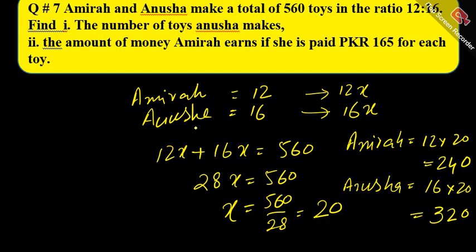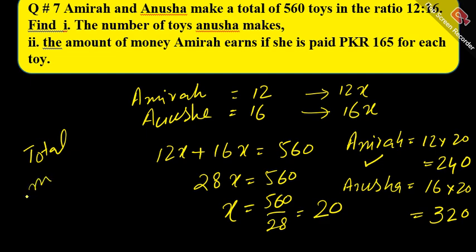Now there is a second part of the question. Find the amount of money Amira earns if she is paid 165 for each toy. Quite easy. So what is Amira's total number of toys? She made 240 toys, and Amira earns PKR 165 for each toy. So how can you find the total amount she got?